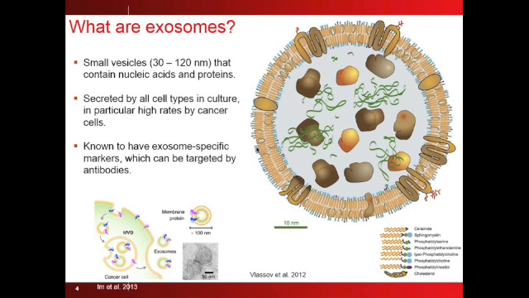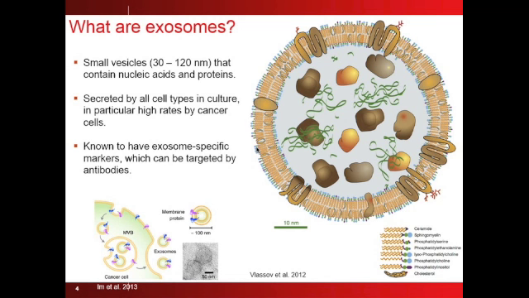Another thing that is known is that these vesicles have specific markers on their surfaces. As with all cells, you have the lipid bilayer, the plasma membrane, and within this membrane you have some proteins that are embedded. Some of these are markers, and they can be targeted by antibodies.